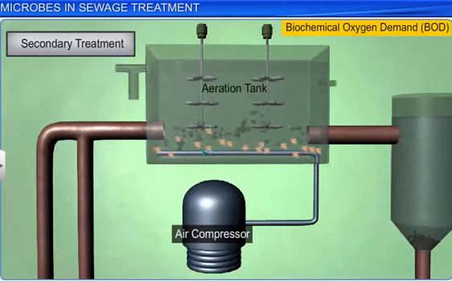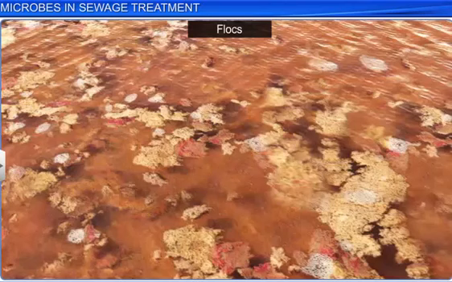BOD is an important measure of water quality. It refers to the amount of oxygen needed by bacteria and other microbes to oxidize all the organic matter in 1 liter of water.